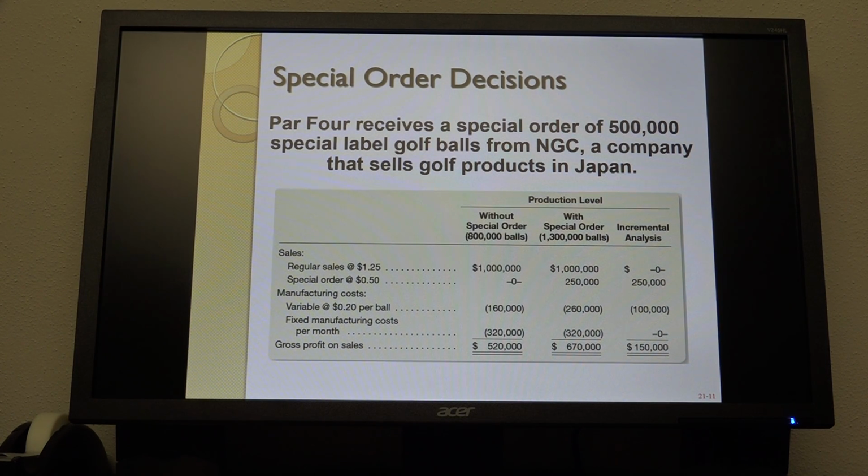Well, not only are you going to have some pretty hot under the collar customers saying, hey, I could buy this from NGC at a lot less than what I'm paying you at $125 per ball. So that may ruin your reputation with your customers. You may lose customers and not even know why. Just some things that you have to consider on the non-financial side.